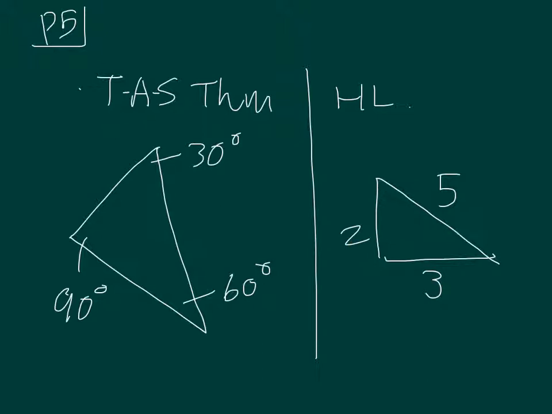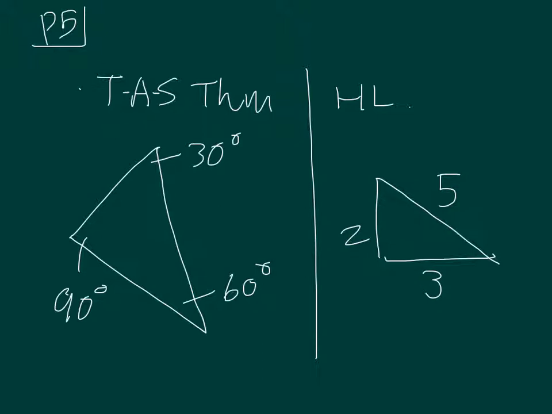If you try that on your piece of paper, you'll find out. That number has to be less than the sum of these 2, so less than 2 plus 3, which is 5.